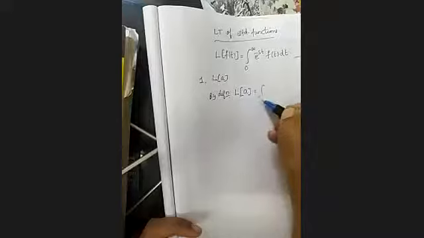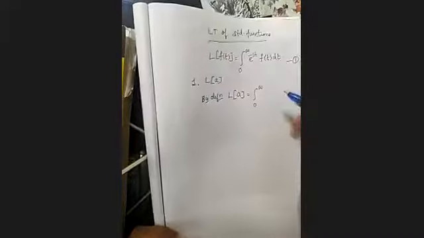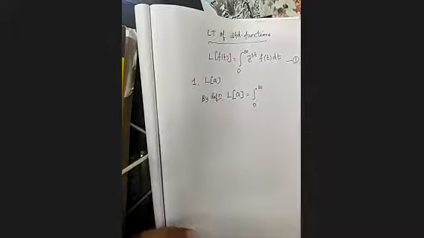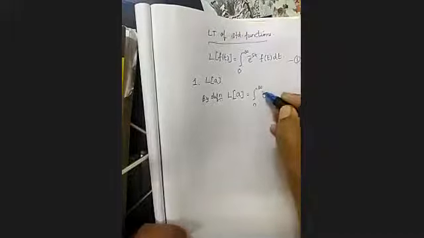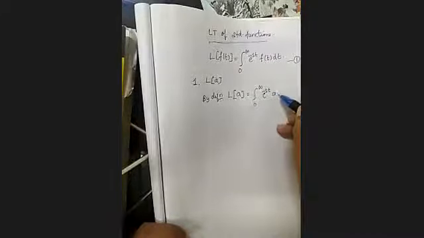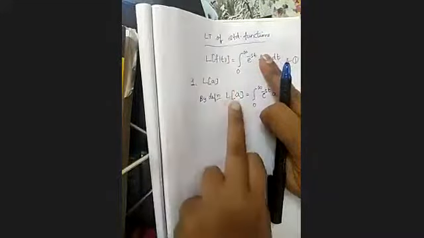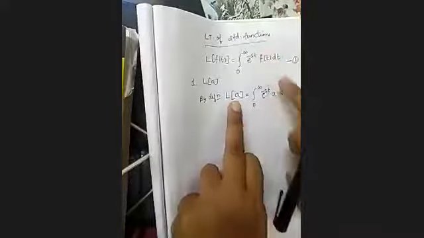Now this is integral from 0 to infinity. Will you tell me what will be the change in this? E raised to minus st will be the same. In place of f of t, we need to write A and then dt. Am I clear? I am replacing f of t by A, so I have to replace only that f of t by A.